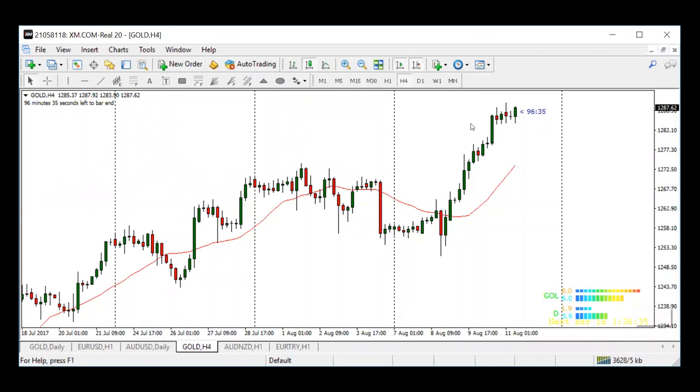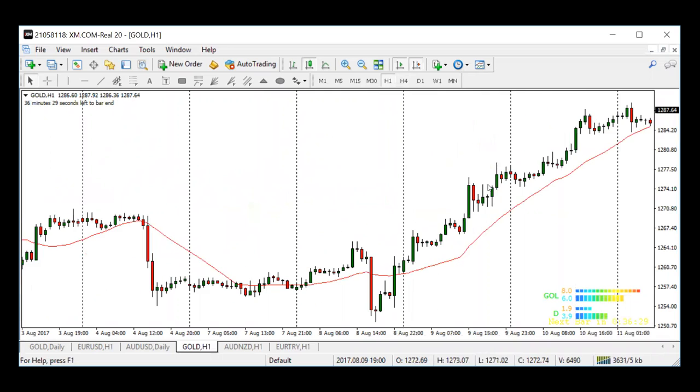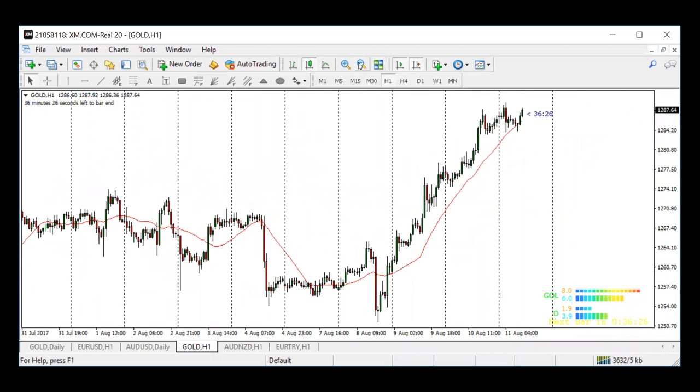See? In a 1 hour, it's very strong. There are a lot of bulls in this market. And if you look at it closely, you can also see the trend, that it is an uptrend. See? It is an uptrend. It is a good uptrend.